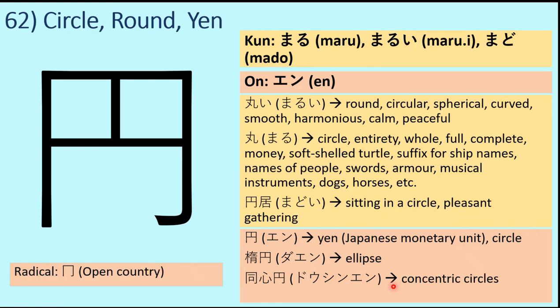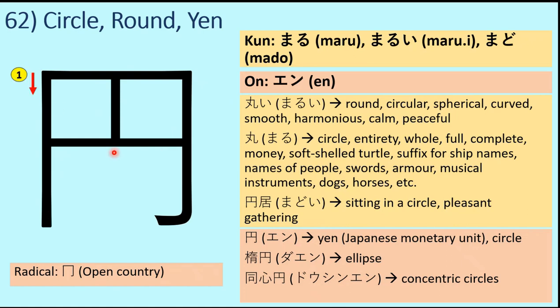The radical involved in this kanji character is this, which is the kanji character for open country. So this portion is the open country radical, and these are the parts which are added to form this kanji of en.